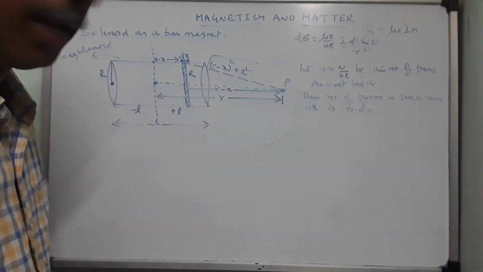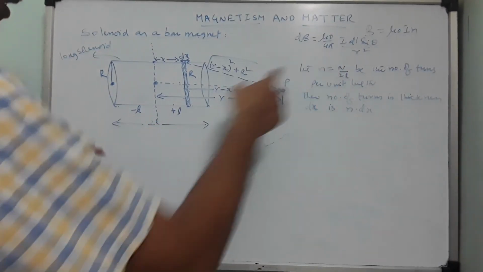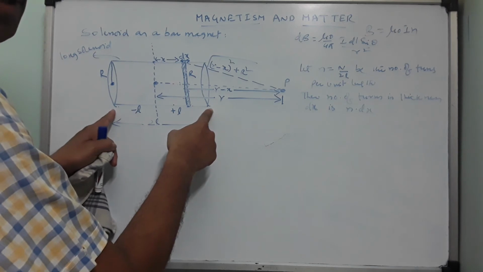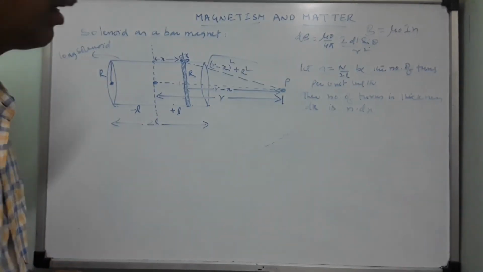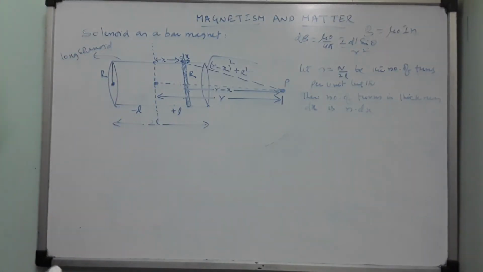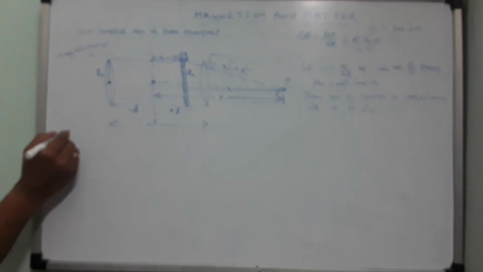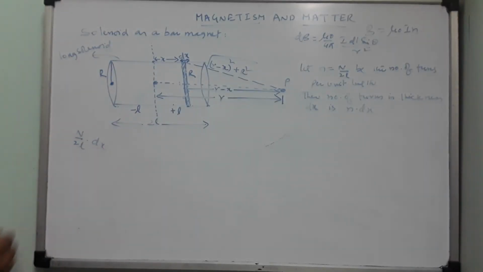Only n into dx. From here to here, how many turns are there? Capital N turns are there. From here to here, the total number of turns is capital N. Within this small element, the number of turns will be n into dx. Okay, right. That is n into dx, which is nothing but N by 2l into dx.